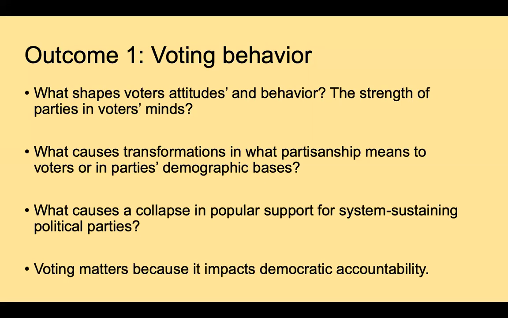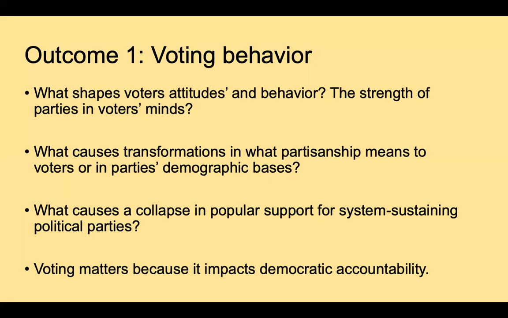In the big picture, the point that I want to stress to you before we continue is that when we do this, we are engaging in an analytical academic exercise, but we're also getting at something that has profound implications for democratic accountability, in the capacity of voters to punish or reward politicians and parties.